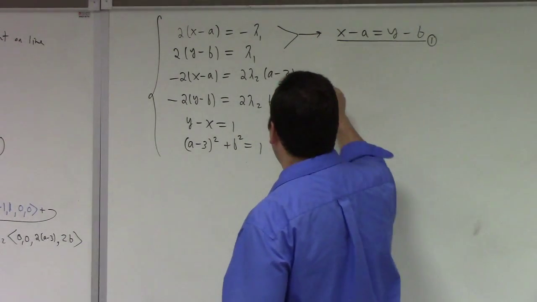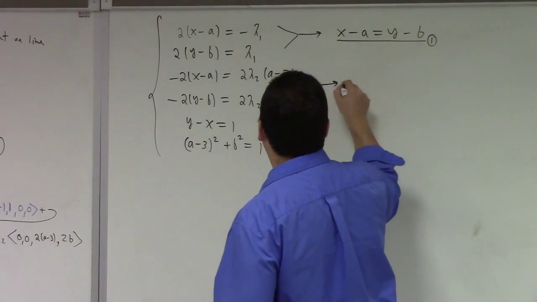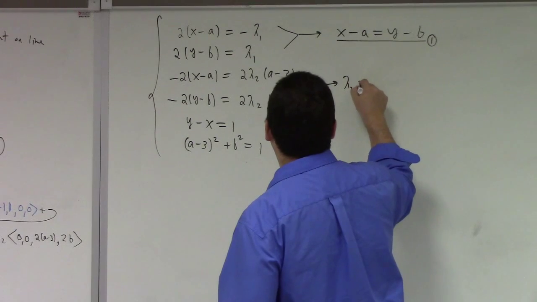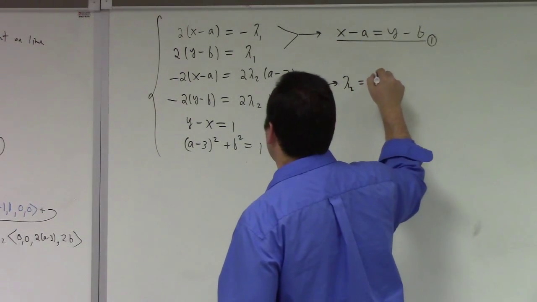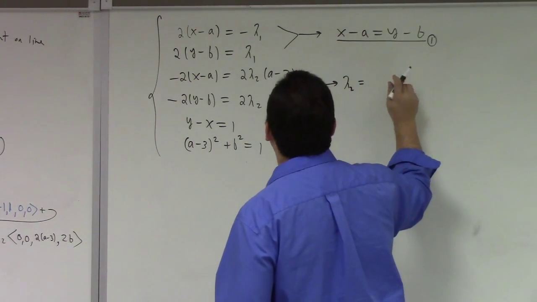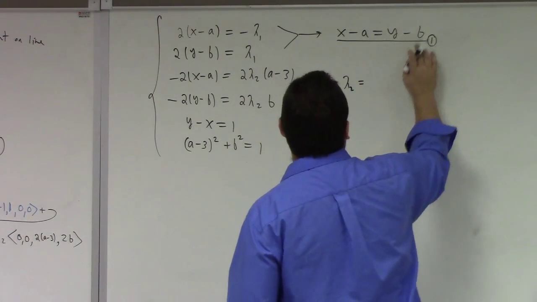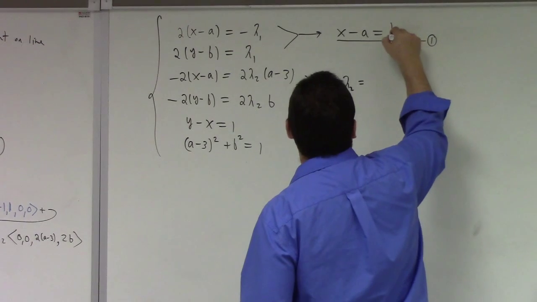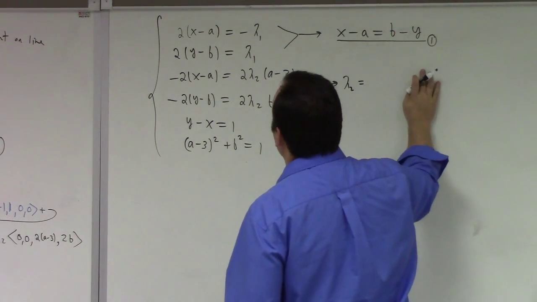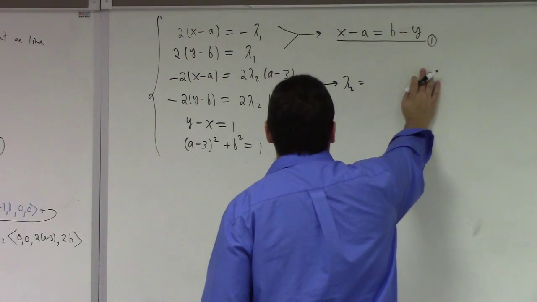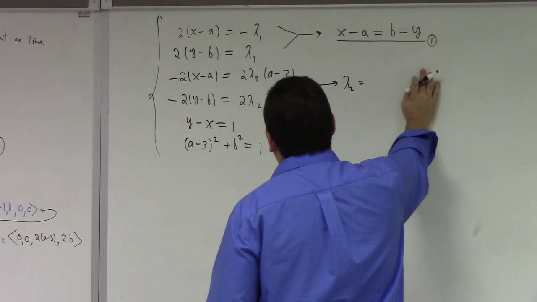What do these two give me? Lambda 2 is equal to, I don't care what it is, but it is equal to b minus y there. Better? Now, lambda 2, we can cancel the 2's, right?